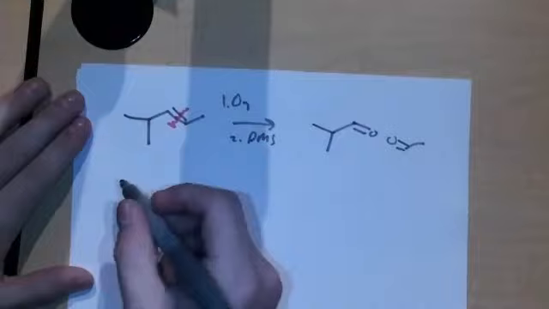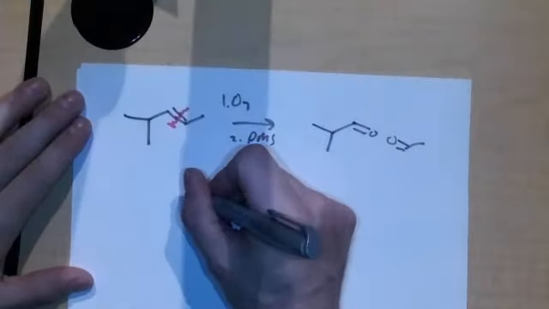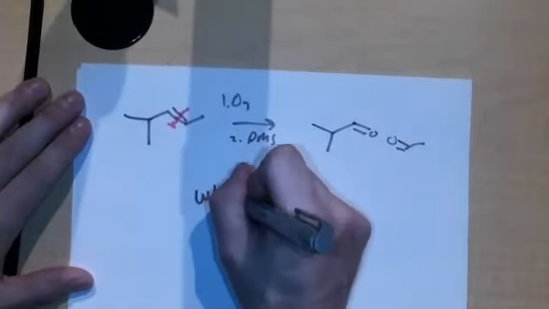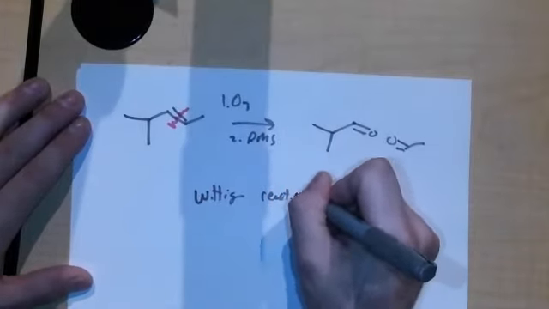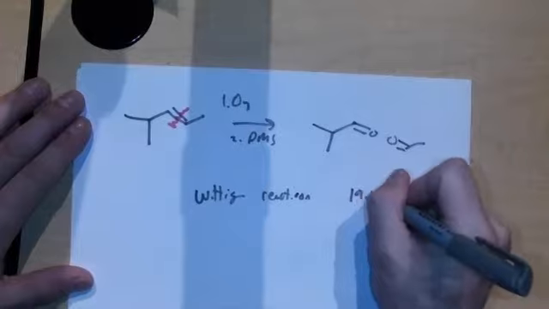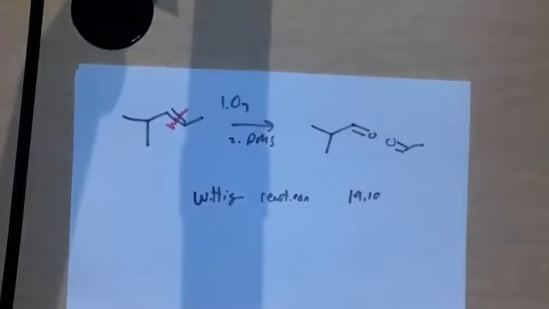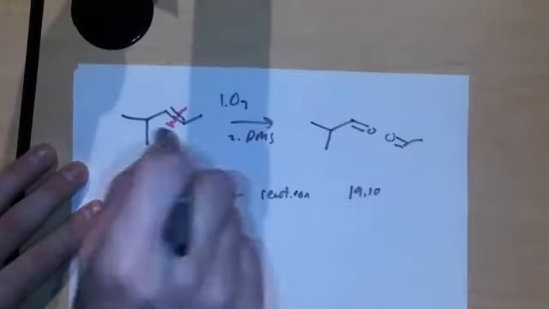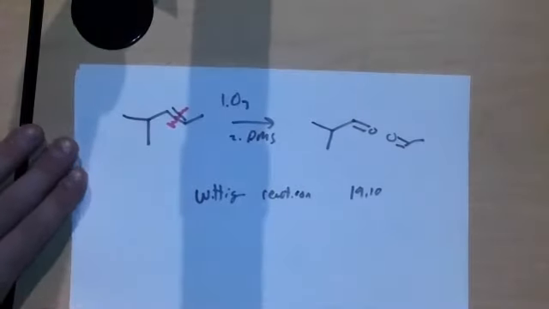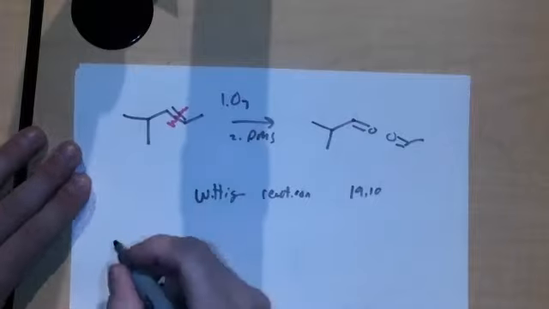Today, we're going to do a reaction that's called the Wittig reaction. It's going to be 19.10. What we're going to be doing is taking essentially two halves like this and stitching them together. One half will be either a ketone or an aldehyde.